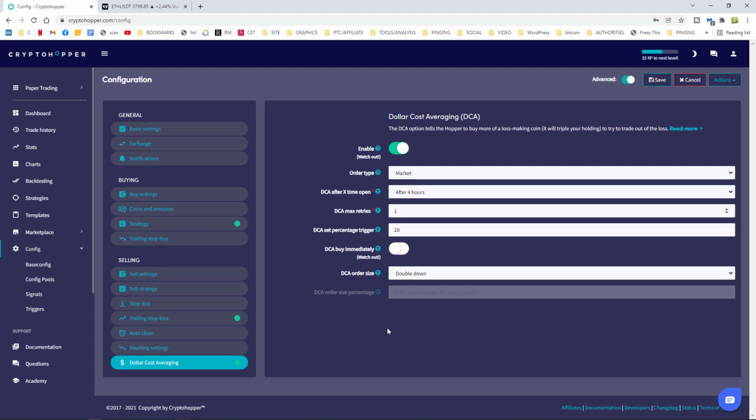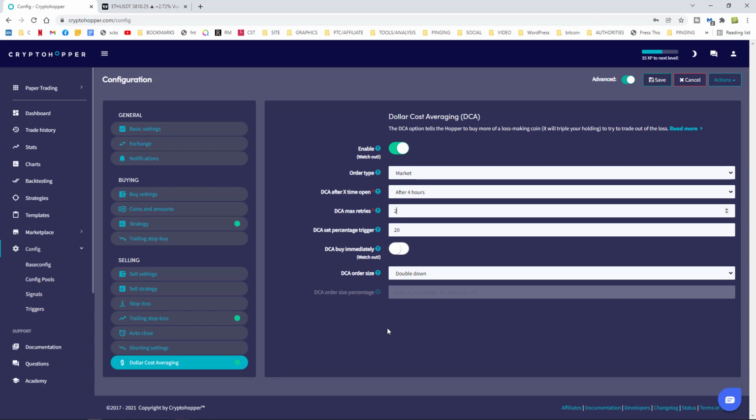But imagine if you had 2 DCAs. So you DCA one time, it gets changed to minus 10%, and now it's $200-ish. What would happen is, if Bitcoin continues to tank after that, there's no guarantee it's just going to go up after you've DCA'd. Let's say it reaches minus 20% again, so $200-ish minus 20% would be what?